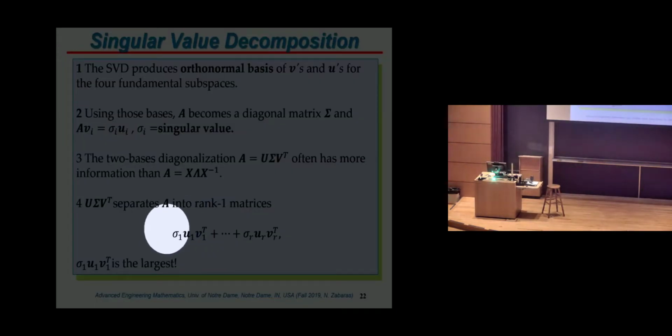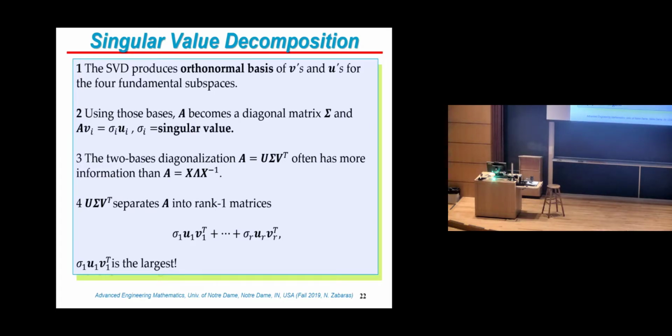These sigmas, and we will show how we compute them, are arranged from the highest sigma value to the smallest sigma value. And that's where the value of the singular value decomposition comes, because if you want to approximate this matrix A with only one rank 1 matrix, which one will you use if sigma 1 is the biggest value?